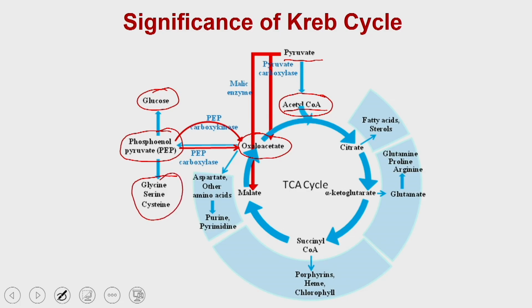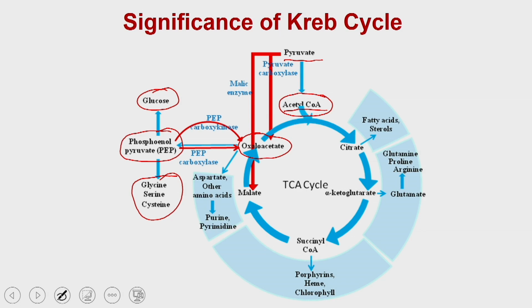And so, as you can see, the Krebs cycle is indirectly connected to phosphoenol pyruvate, or carbohydrate metabolism, as well as the amino acid biosynthesis pathway, with the help of oxaloacetate.